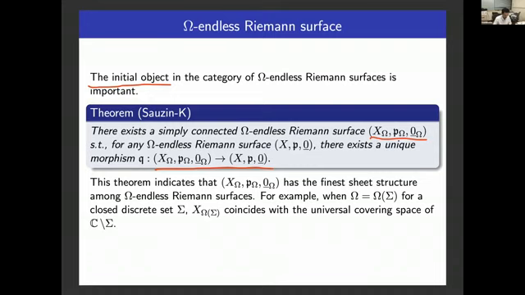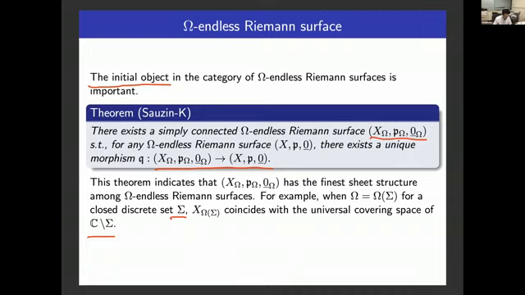And so we can show that such an initial object exists and it has the finest sheet structure among the omega-endless Riemann surfaces. For example, it is an extension of the universal covering space of C minus sigma, in the case where sigma is given by a closed discrete set here.